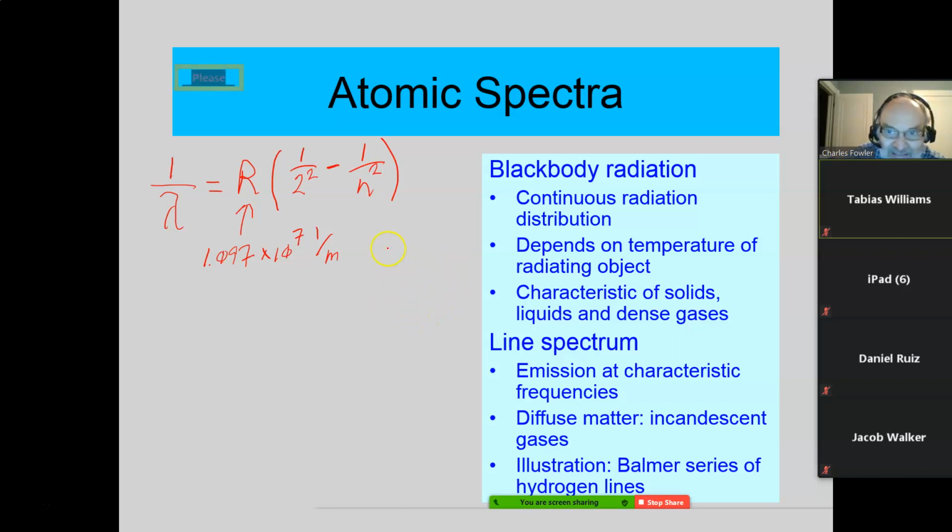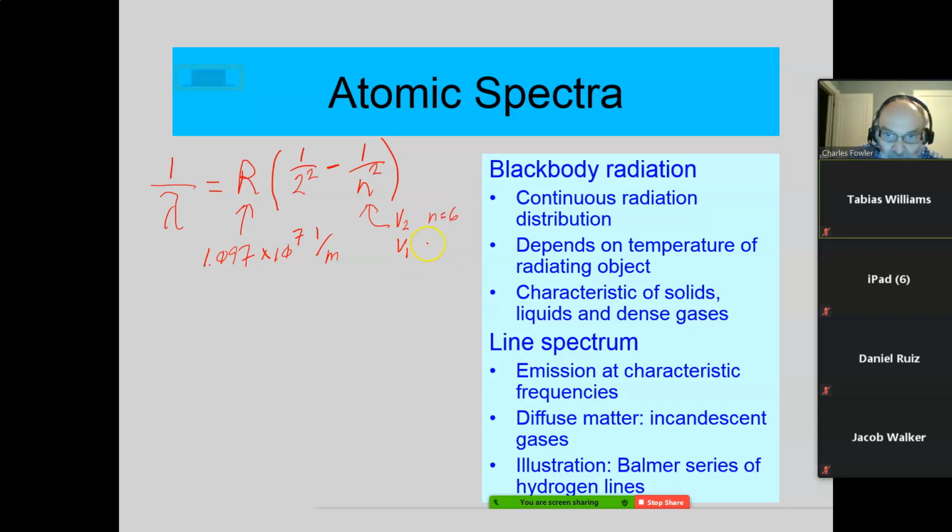Now, what the n is, the n represents which line he was looking at. Now there were 2 violet lines, so I'll put V2 and V1. For V2, the higher energy violet line, the n was equal to 6.